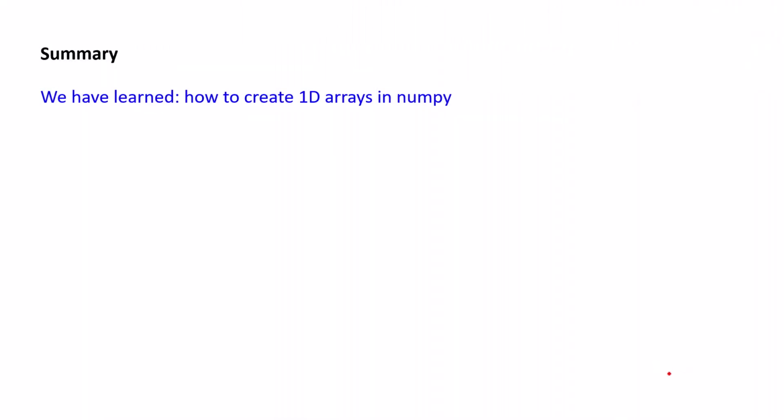So now we close this session. We have learned how to create one-dimensional array in NumPy. If you want to learn more about NumPy, the best resource is you go to numpy.org. That is the basic NumPy website. And they have excellent tutorials and certain other text resources there.